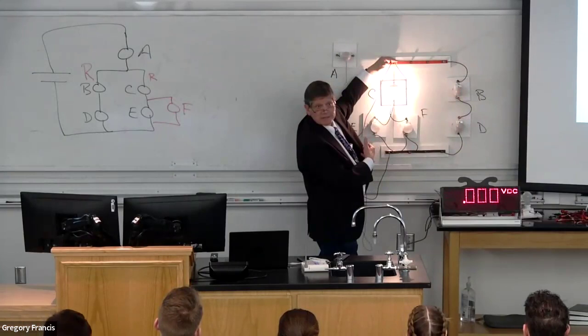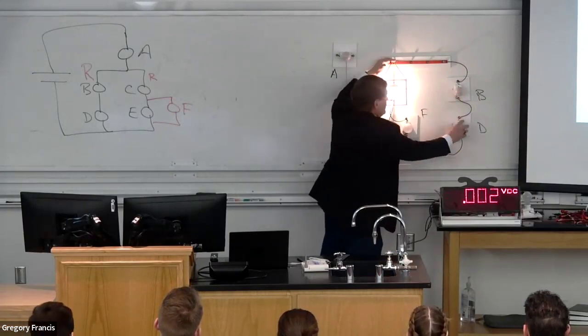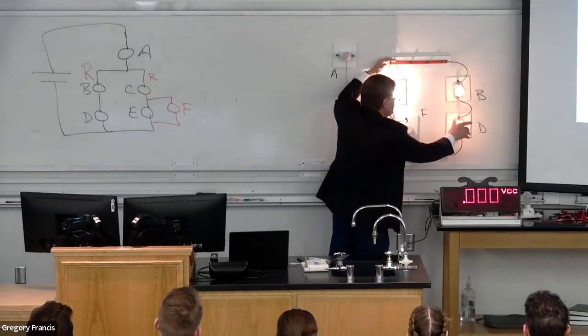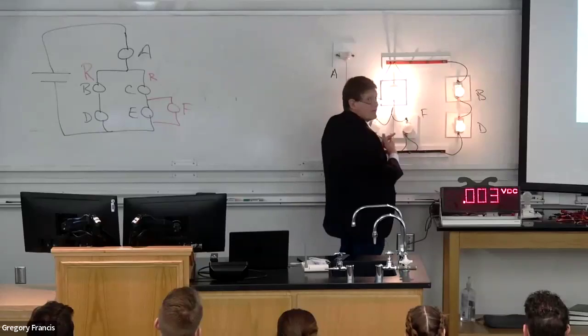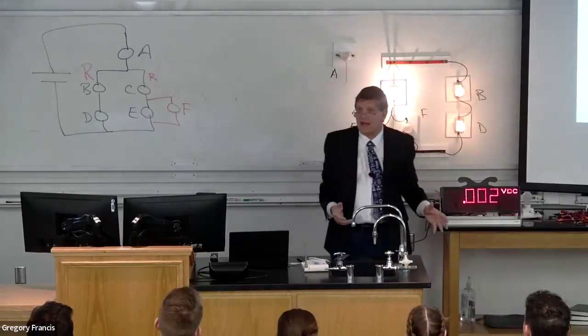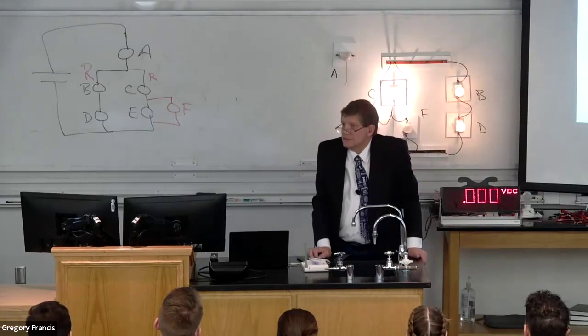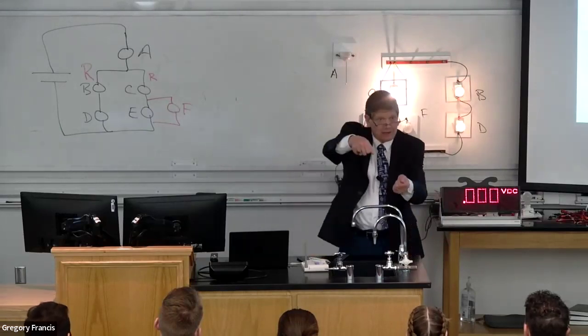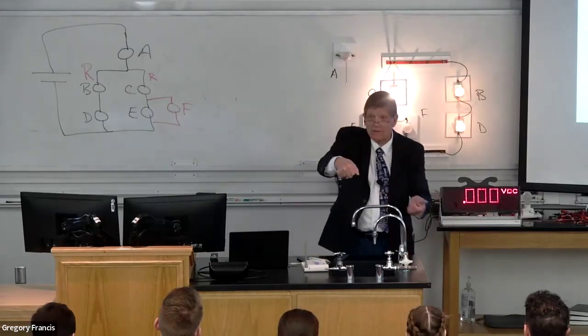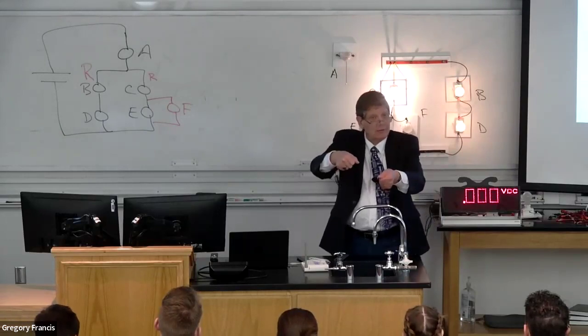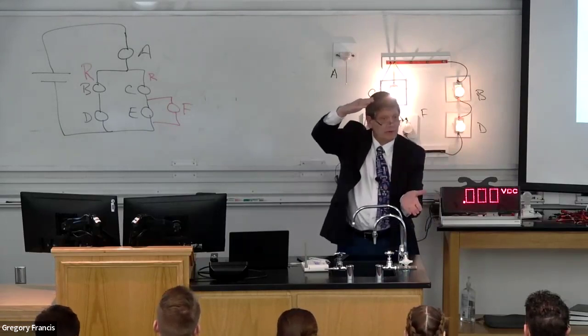Does that make sense? Suddenly it's not a mystery anymore why these are independent of each other, why they act as if they have their own battery. Because they've got a direct connection to the positive terminal of the battery, a direct connection to the negative terminal of the battery. They've got 12 volts across them.